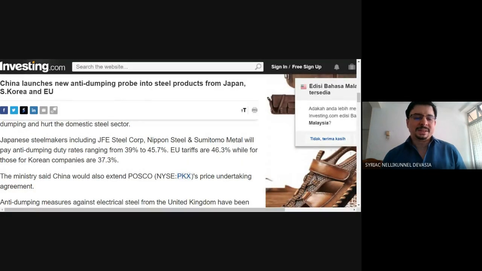Japanese steelmakers, including JFE Steel Corporation, Nippon Steel, and Sumitomo Metal, will pay anti-dumping duty rates ranging from 39 to 45.7% to China if they want to export steel to China. European Union tariffs are 46 point, while those for Korean companies are 37.3%.